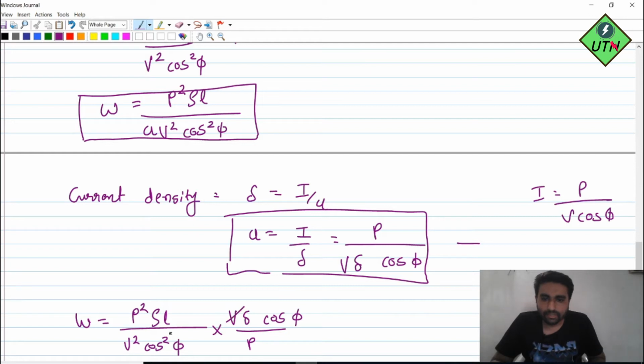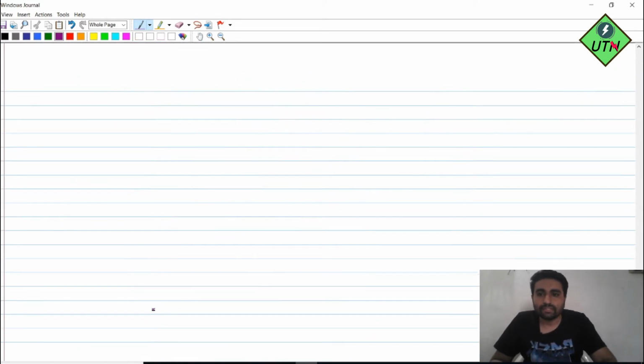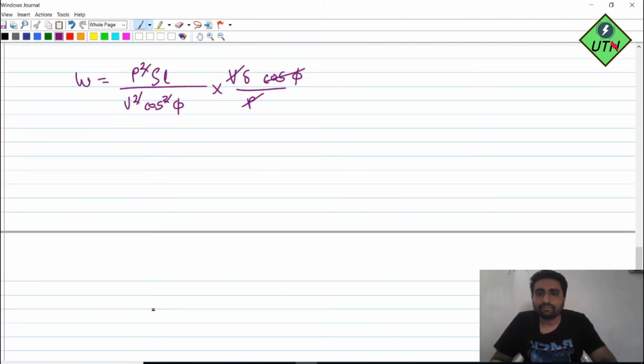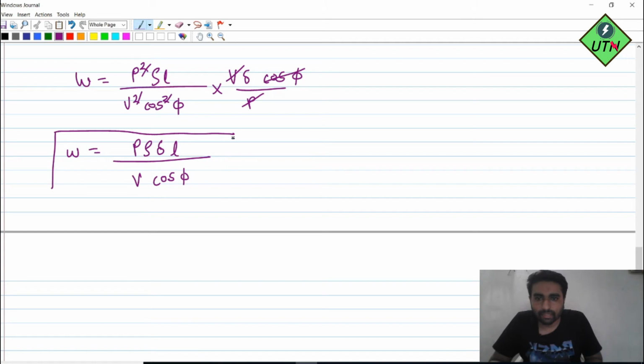So V and V square is going to be cancelled out, cos square and cos phi is going to be cancelled out, P and P square is going to be cancelled out. And the final equation that we will have for W is P delta rho L divided by V cos phi. So this is the equation for power loss in the particular line.